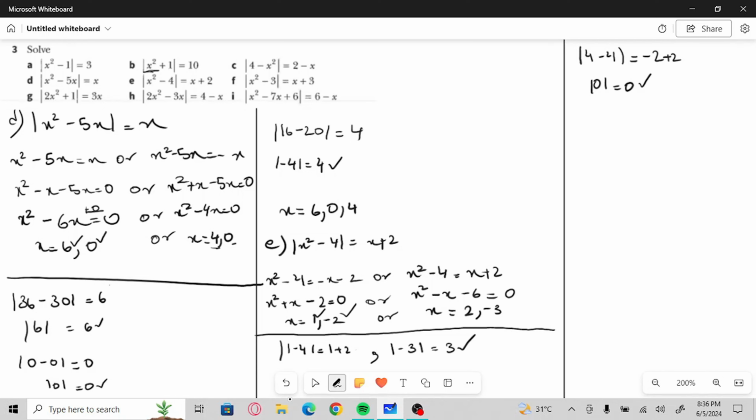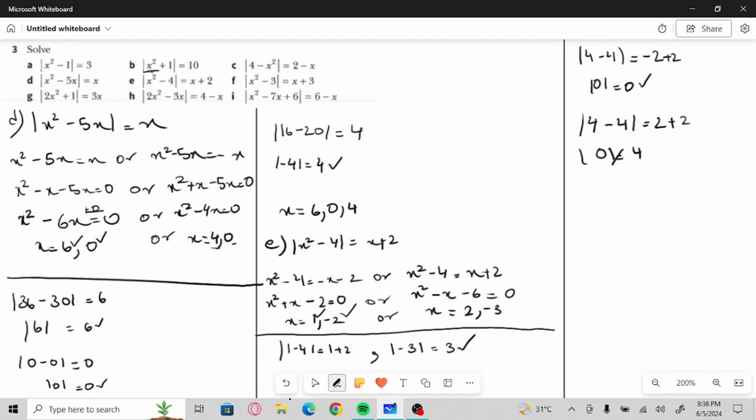And the third value we have is again 2. 2 squared is 4 minus 4 is equal to 2 plus 2. So there's, let me see, yes, so 0 is not equal to 4.